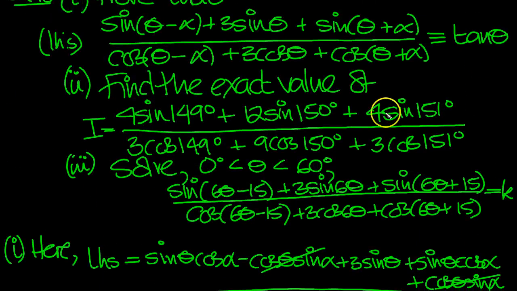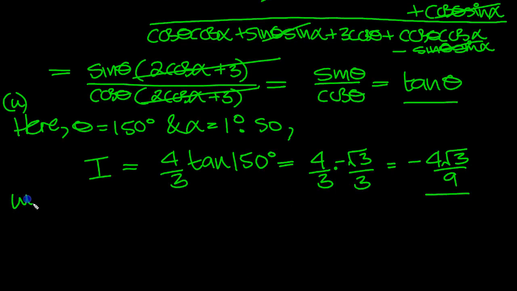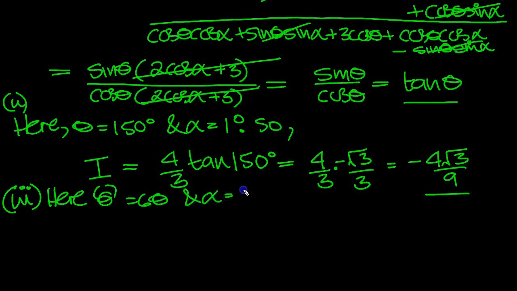Solve this now. This is identical to part 3, with theta is 6 theta instead of theta, and alpha is 15, and we can see that correspondence quite easily. So part 3. Here, theta is equal to 6 theta, and alpha is equal to 15 degrees.